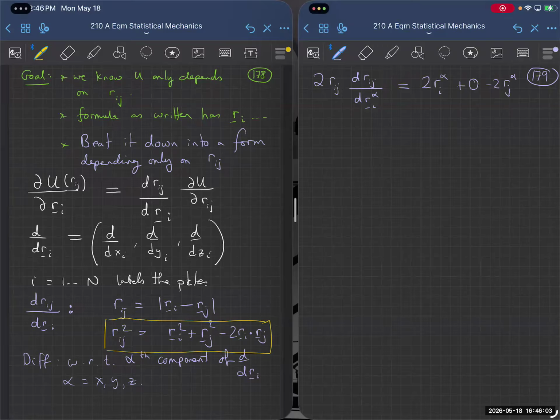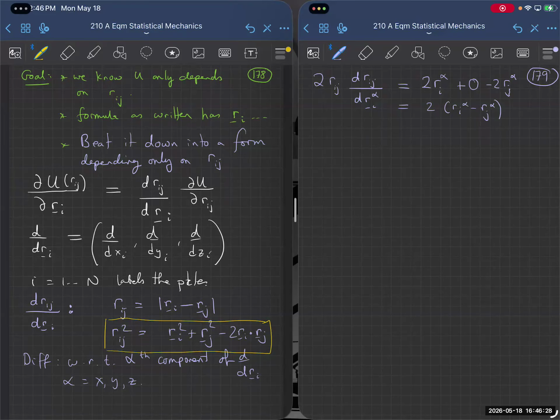When I differentiate with respect to the alpha component of Ri, because it is in the dot product with Rj, it's linear in that, so I just get a constant, and then I get Rj. So this thing then is actually 2 times Ri alpha minus Rj alpha. So you tell me what is alpha, x, y, or z, and then I've got that.